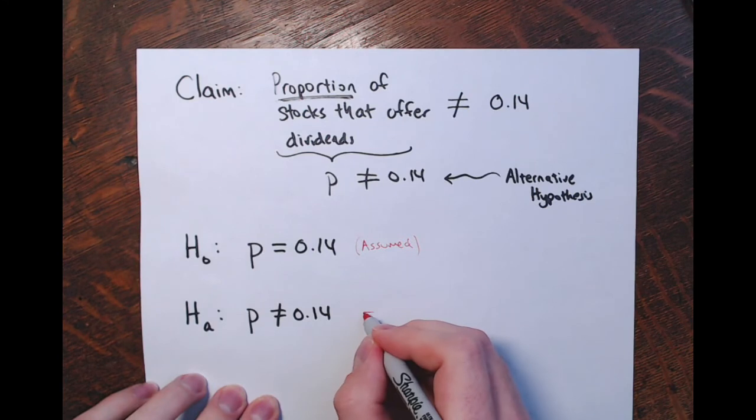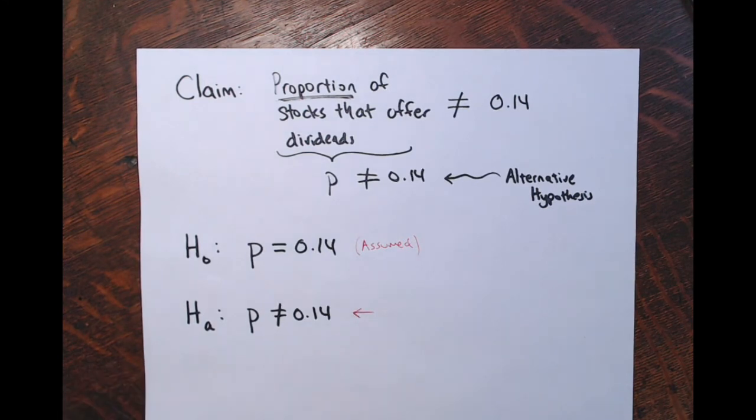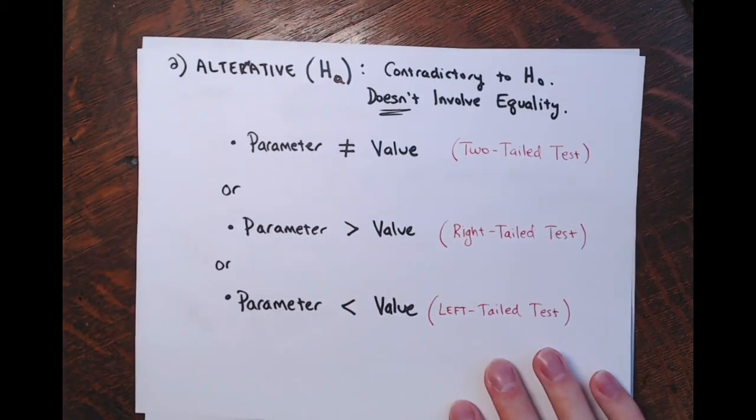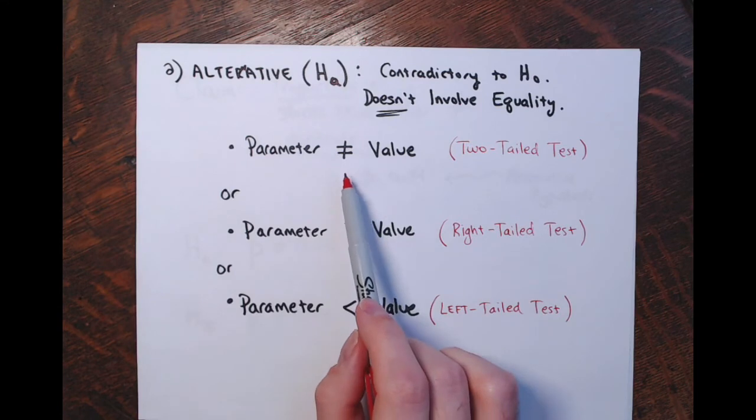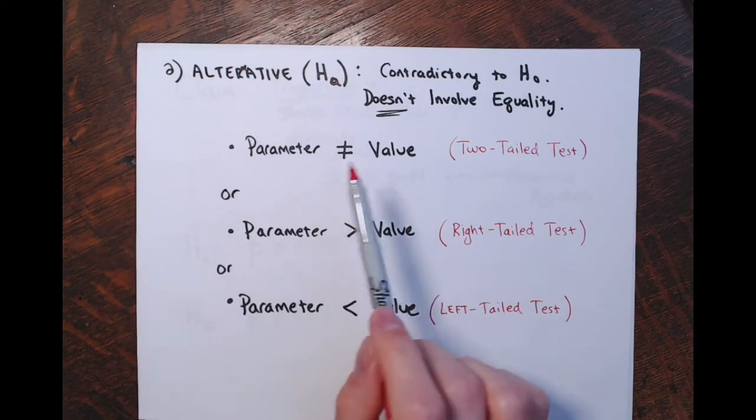This is what's going to be assumed when we do our test later, but we're not going to do a test right now. Now, look at the way the alternative hypothesis looks. Whether you're doing a left-tailed, right-tailed, or two-tailed test all depends on how the alternative hypothesis looks, and I showed you this here. If the parameter is not equal to a value, that means you could be on either side.